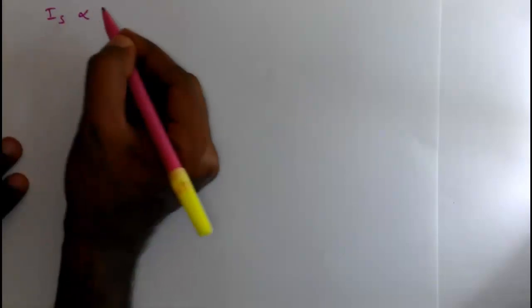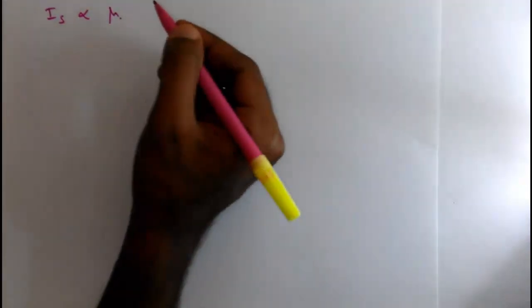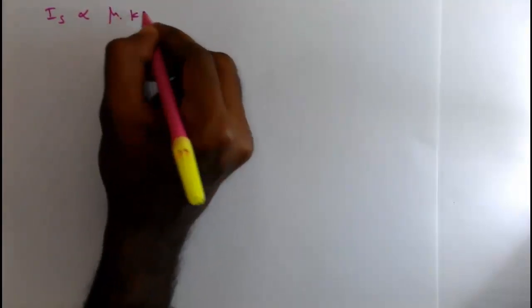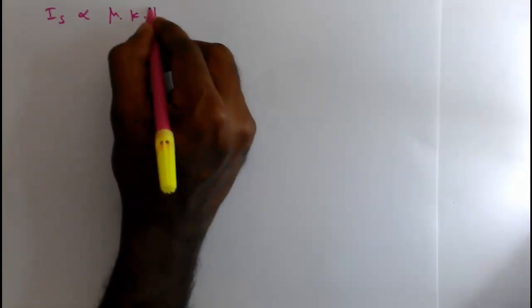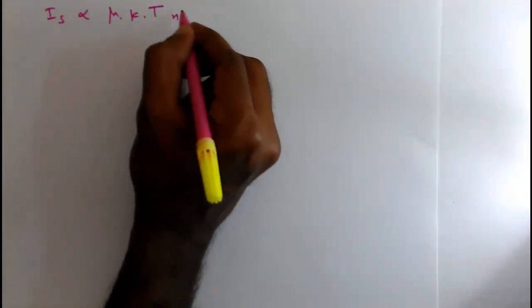So the scale current Is of a diode is directly proportional to mu, that is mobility, and K is the Boltzmann constant, T is the absolute temperature, and Ni square, where Ni is the intrinsic minority carrier concentration. So I'm not going deep into that because that's more device than analog.